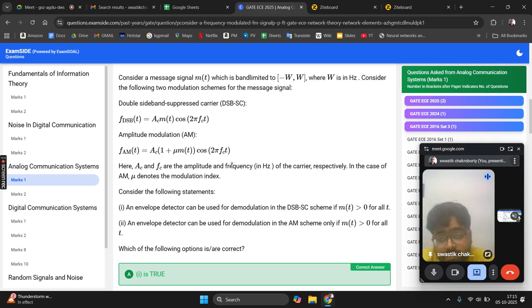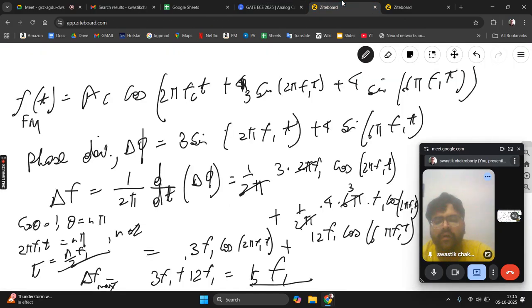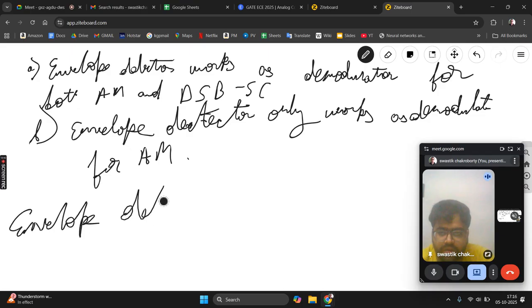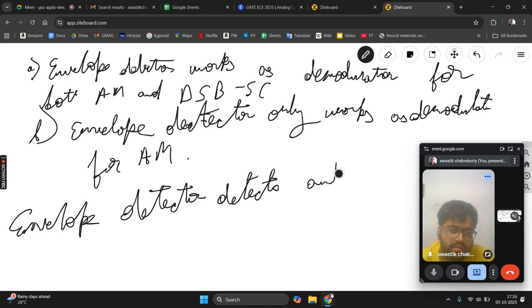For DSB-SC we know that we can have an envelope detector as a demodulator because the envelope detector detects amplitude. That is the first thing.